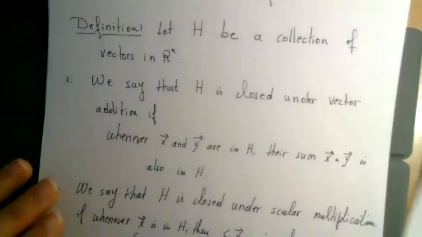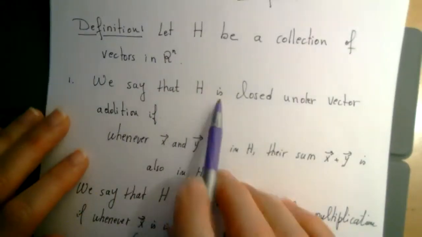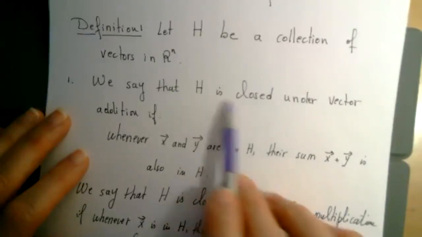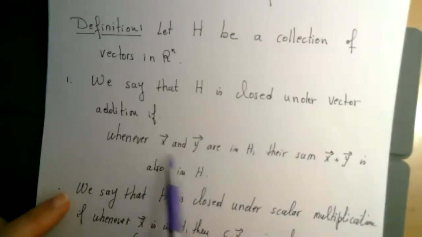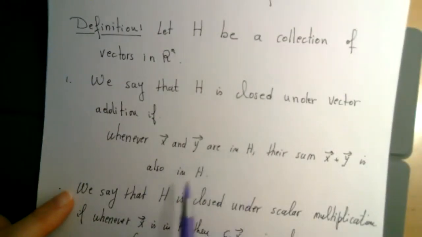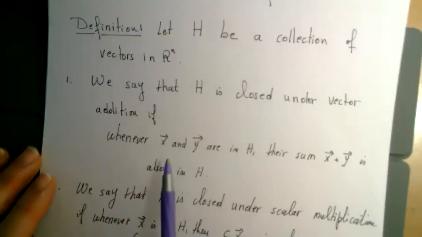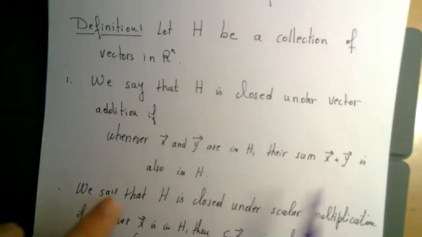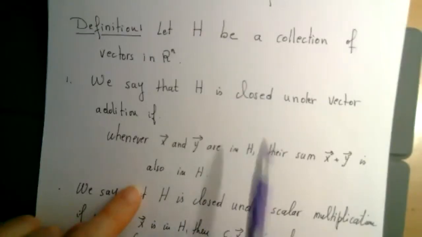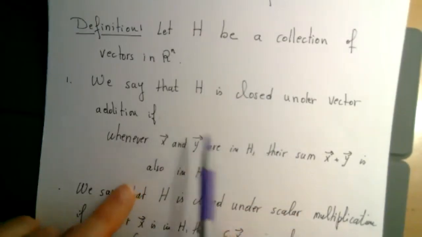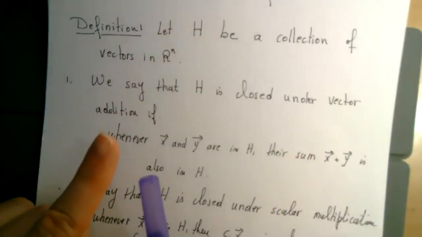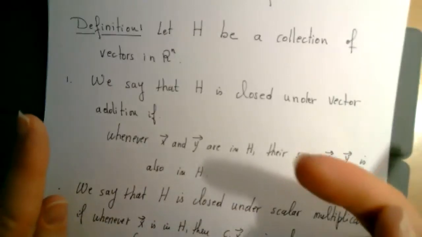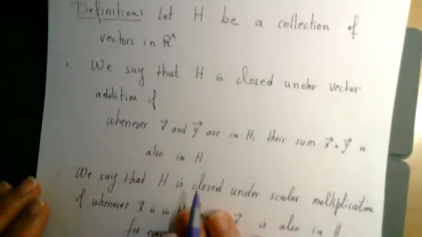We say that H is closed under vector addition if, whenever I pick any two vectors in H and add them, their sum is also in H. So if you take two vectors in this collection H and add them, and the resulting new vector is in H, we say it's closed under addition.